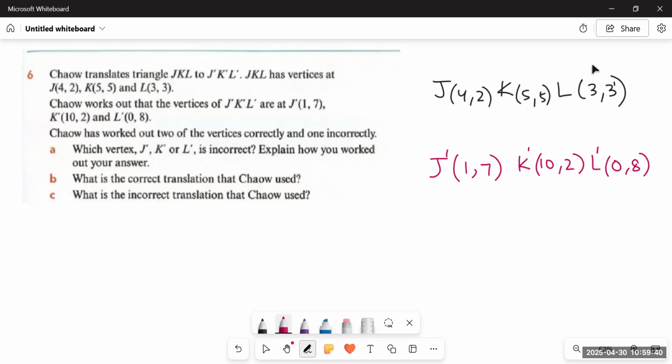So if we want to find the difference between 4 and 1, it would be 4 minus 3. And for 2, it is 2 plus 5. They haven't told us about the translation, so this is how we can find it out by subtracting the coordinates. 4 minus 1 is equal to 3. 2 plus 7, sorry.